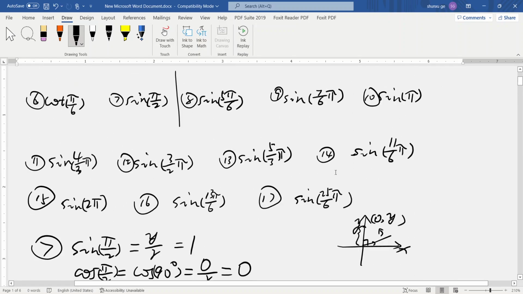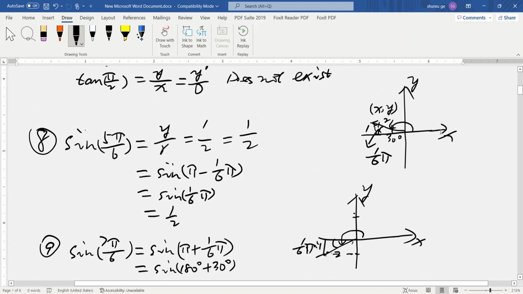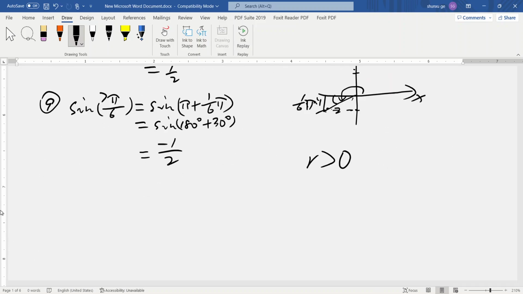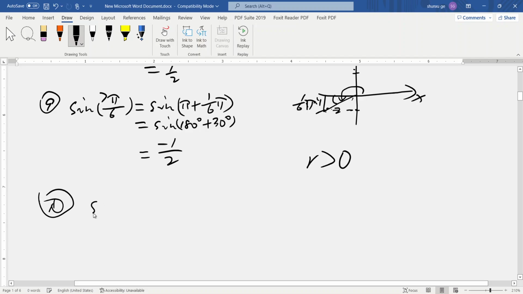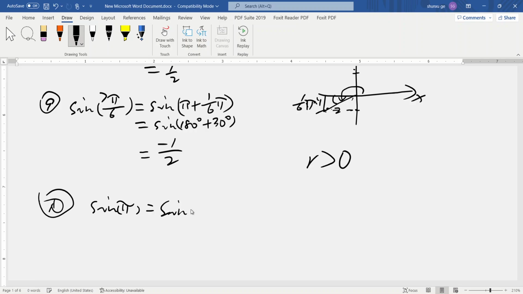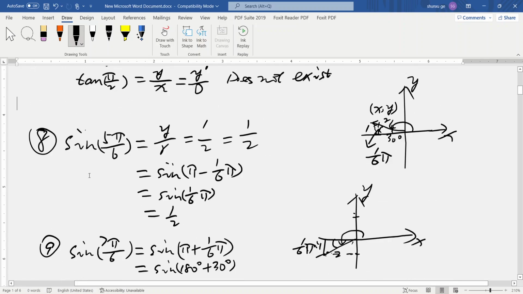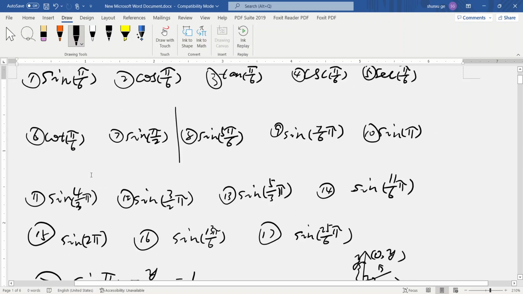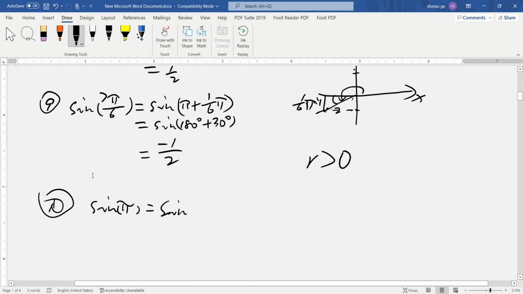And question 9, question 10. Sin pi. Sin pi is equal, take a look, question 10. Okay, sin pi.